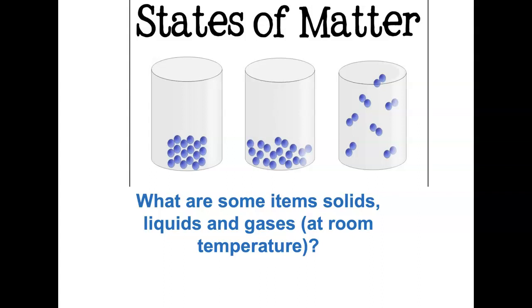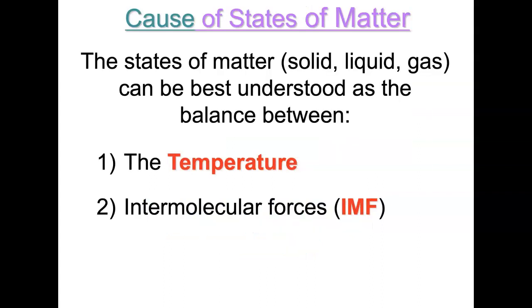Well, if we change the temperature and the pressure of any material, water, wood, or rock, we can turn any material into a liquid or a gas or a solid. And there's a balance between temperature and something we call intermolecular forces that changes our states of matter from solids to liquids to gases.